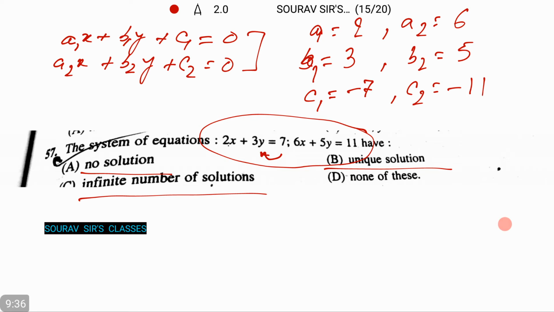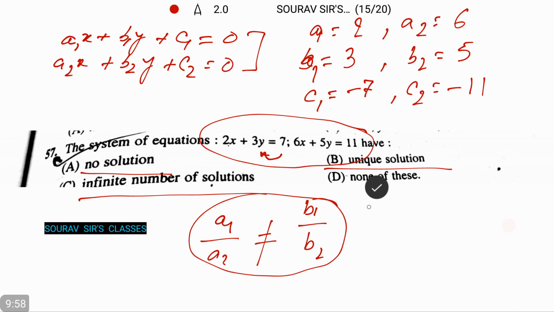So we have a1 by a2 is not equal to b1 by b2, we can simply state this by observation, which is the necessary condition.